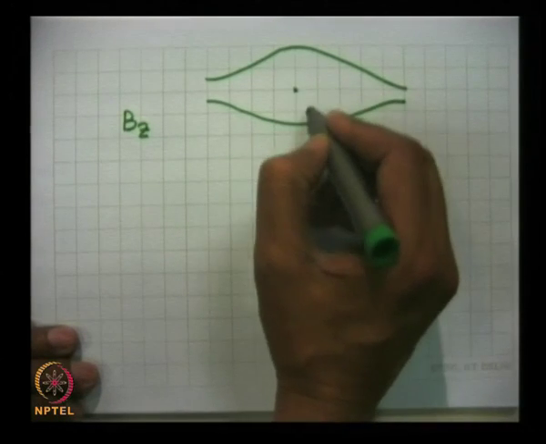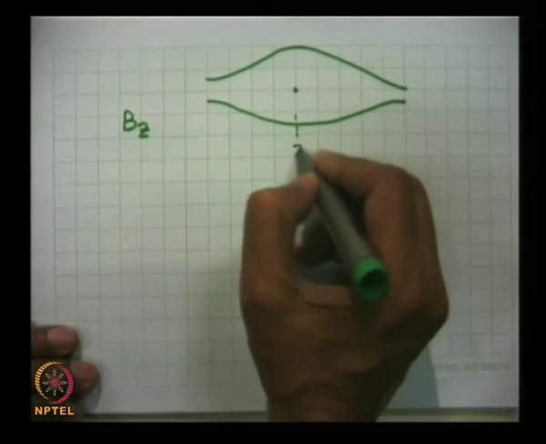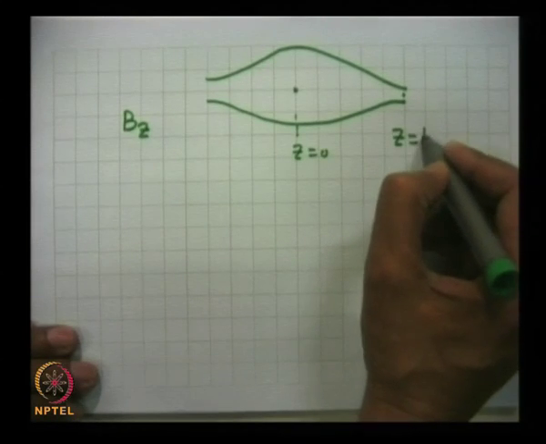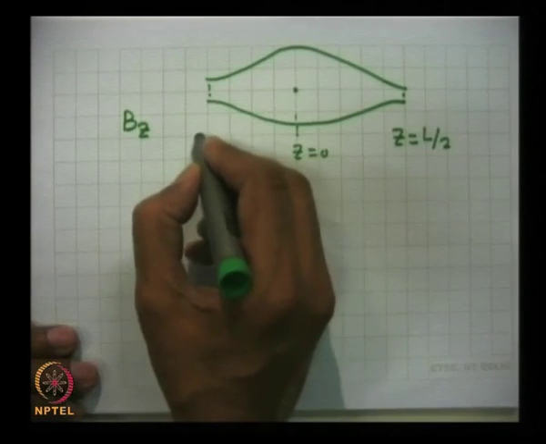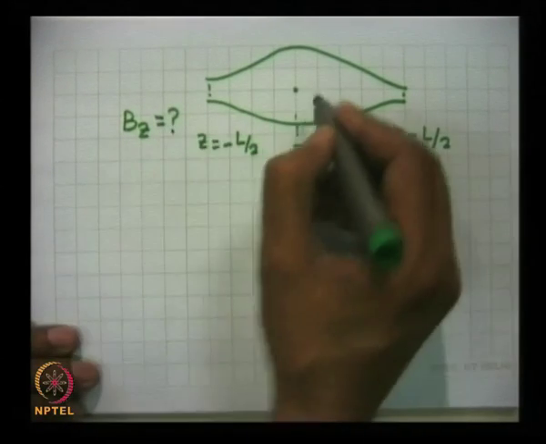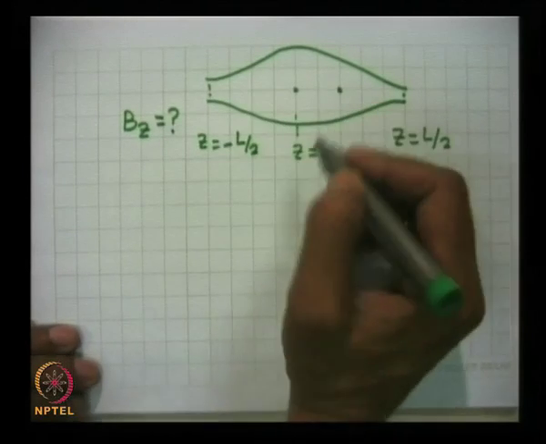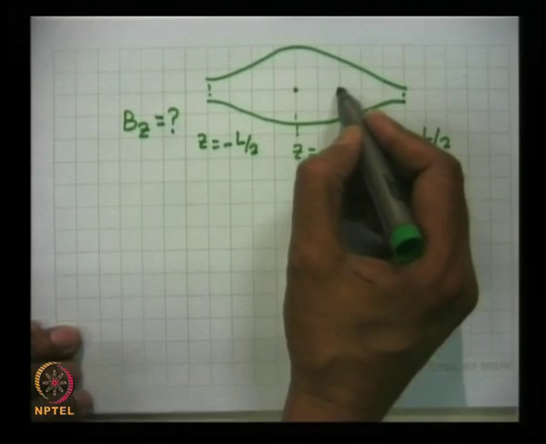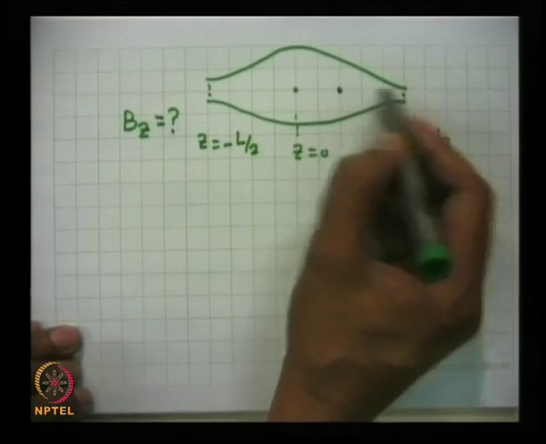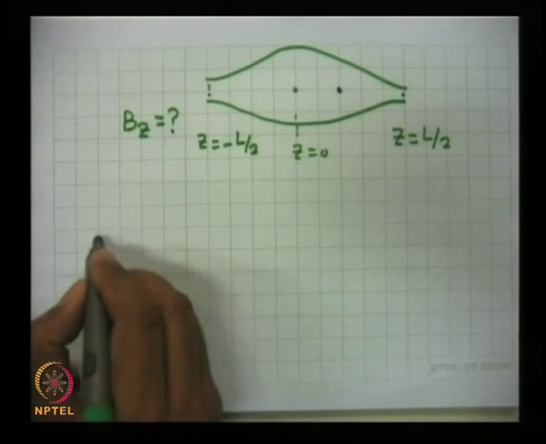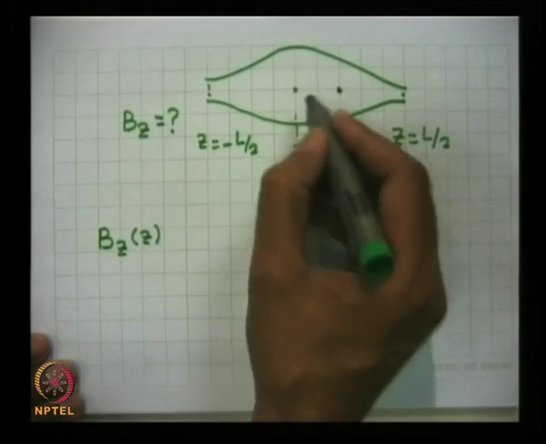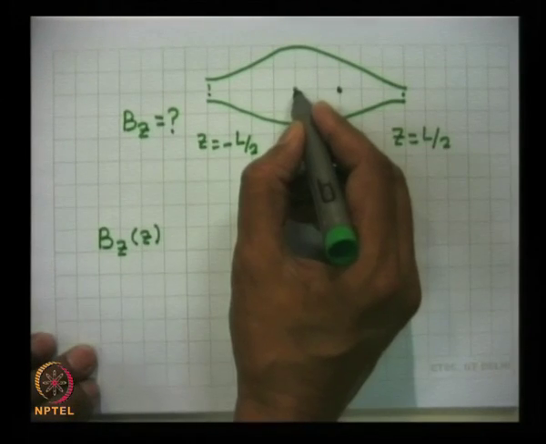This is my z equal to 0 plane, here it is z equal to L by 2, and this is the plane z equal to minus L by 2, and I want to find what Bz is at any point on the axis of the machine. The distance of this point from this coil is z plus L by 2, and from this coil is z minus L by 2. Keeping that in view, I can write down the magnetic field at any point z away from the center of the mirror.